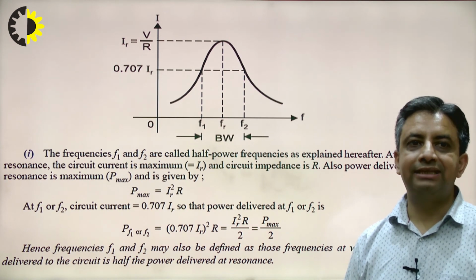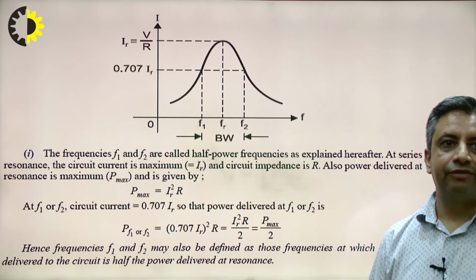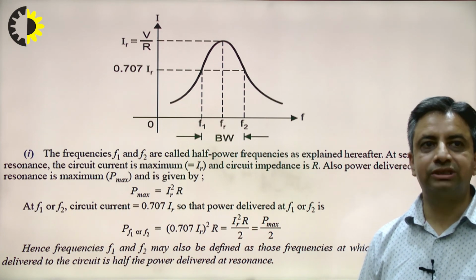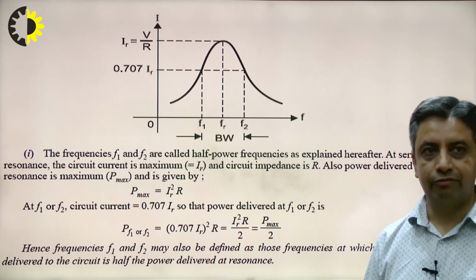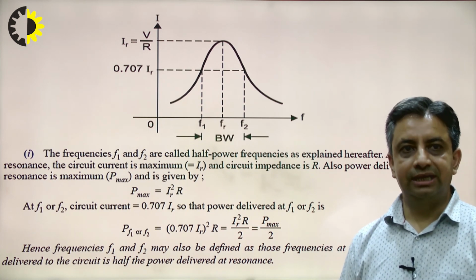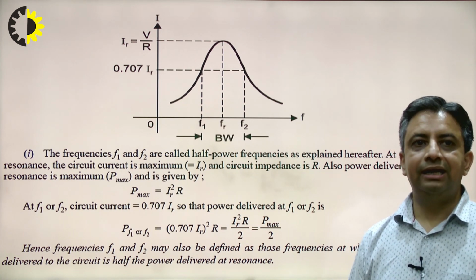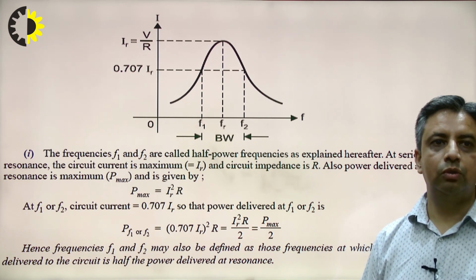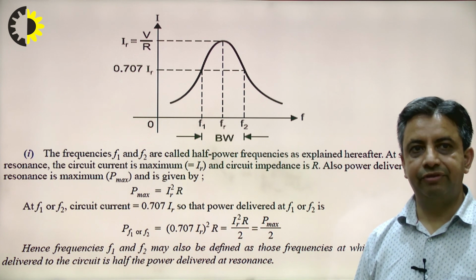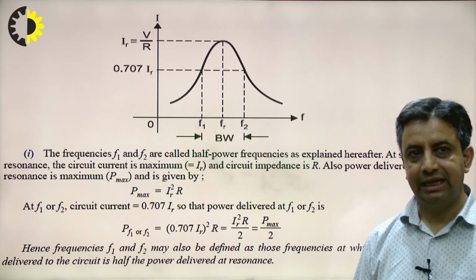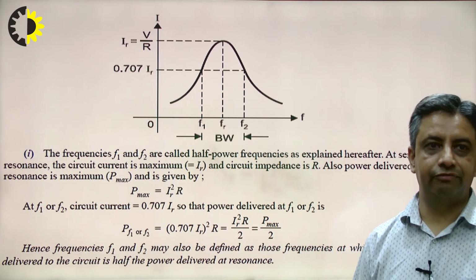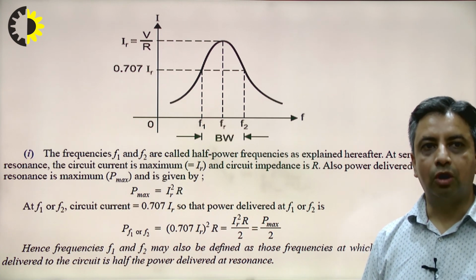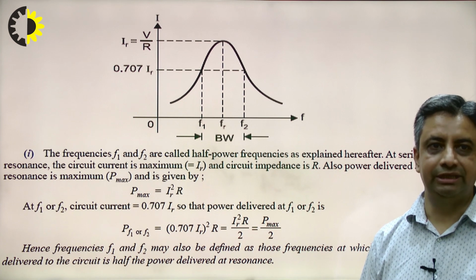On either side of the resonant frequency, where the value of the current is greater than or equal to 70.7% of the resonant current, that particular band is called the bandwidth. So again, bandwidth is equal to f2 minus f1, where f2 is the upper cutoff frequency and f1 is the lower cutoff frequency. Now this f1 and f2 are also known as half power frequencies.